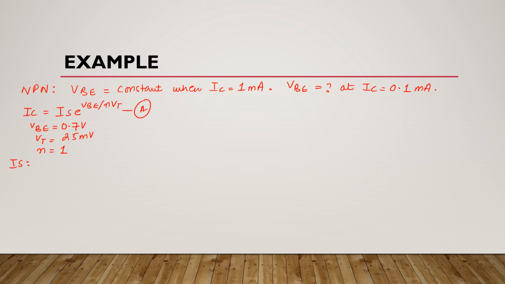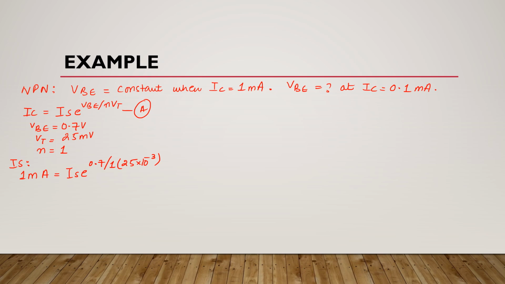Now we'll put these values in this equation A, and we get 1 milliampere is equal to IS e raised to the power 0.7 divided by 1 multiplied by 25 into 10 raised to the power minus 3.